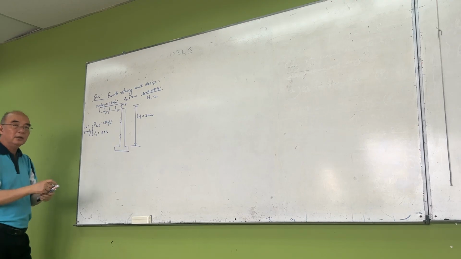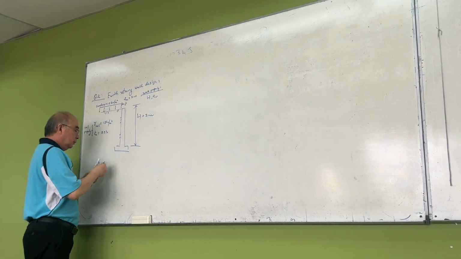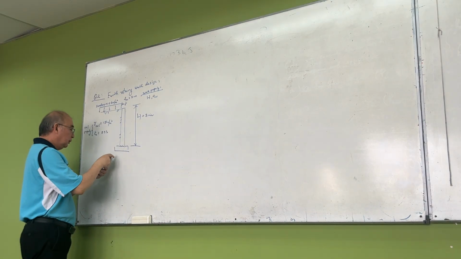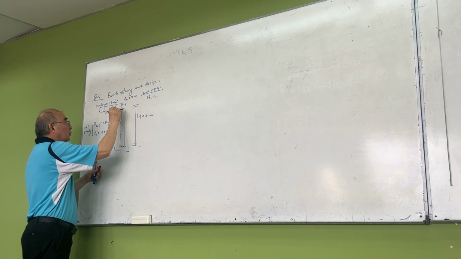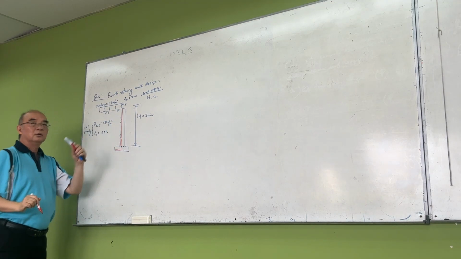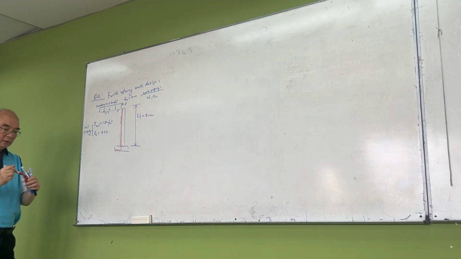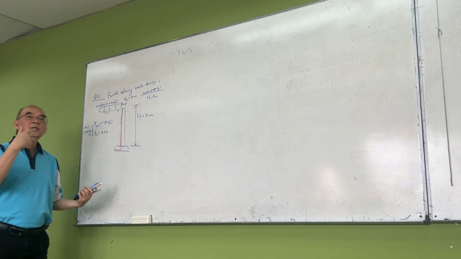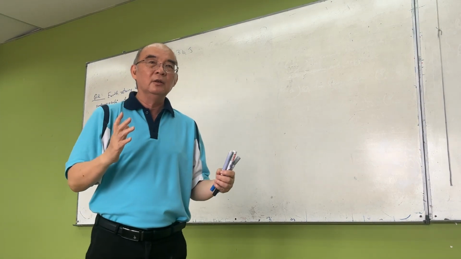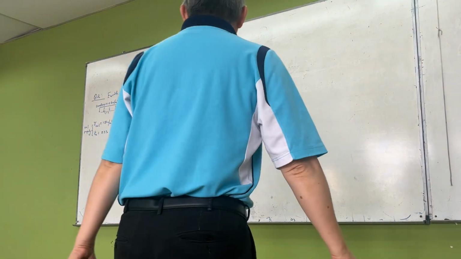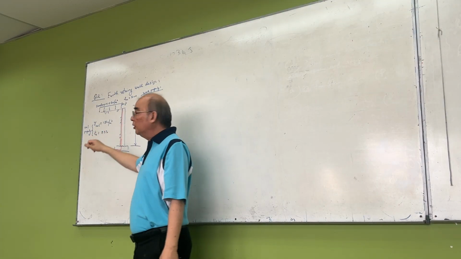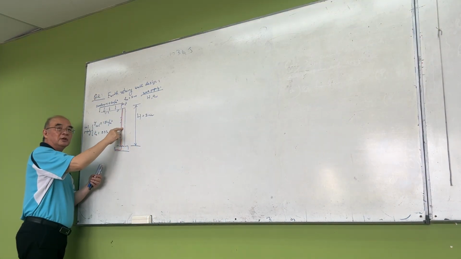Then you are to design the vertical reinforcement, in terms of, let's say, T12 at 200, T16 at 150, or T16 at 300, etc. Why do we have to design this vertical reinforcement?